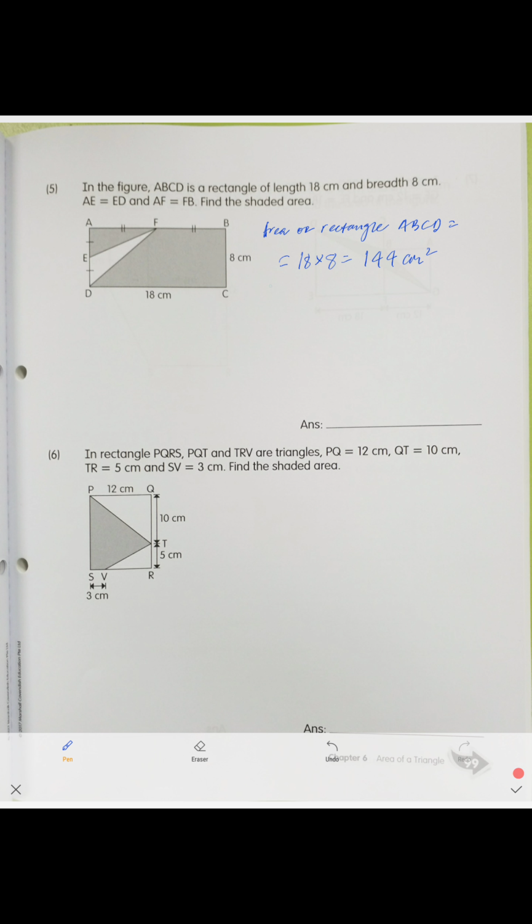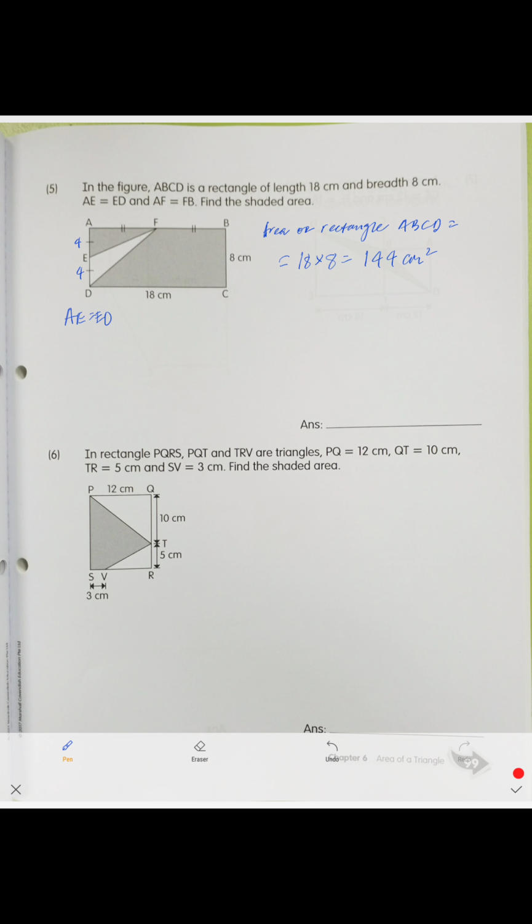Now we need to find a triangle. So this whole side is 8, and they show us with this mark that this part is the same as this part. These two parts are equal, AE is equal to ED, so basically 4 and 4.